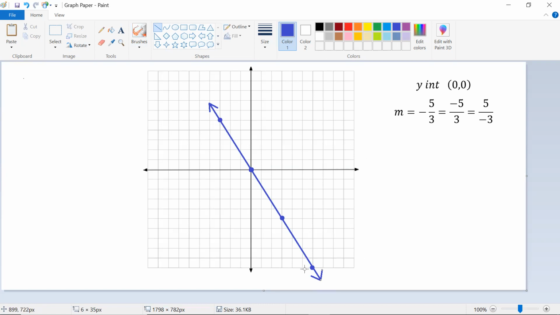So there, that's the graph of the linear equation that we saw earlier. That was 5x plus 3 equals 0. So that is the graph of that line, and we found that using the slope-intercept form.